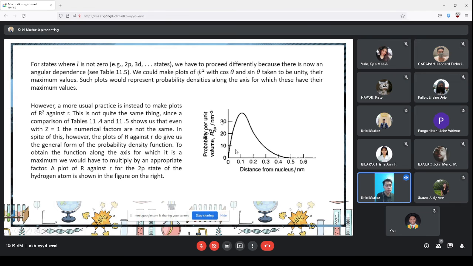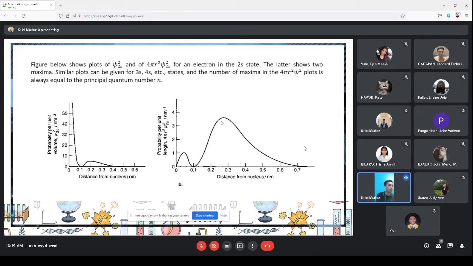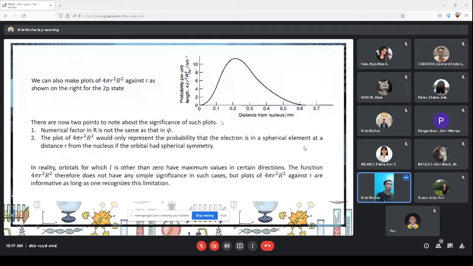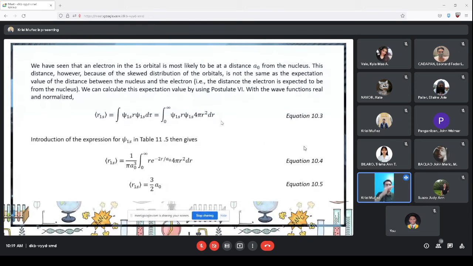So for example, here, at 0.592, this is where our a sub 0, our Bohr radius, is. And there is a greater chance that the electron is here, at a distance greater than a sub 0. All of these, class, you will see in all our plots: they are all skewed, not symmetric, not a normal Gaussian curve. So they are all skewed. Okay?